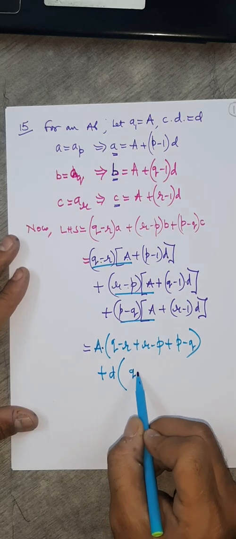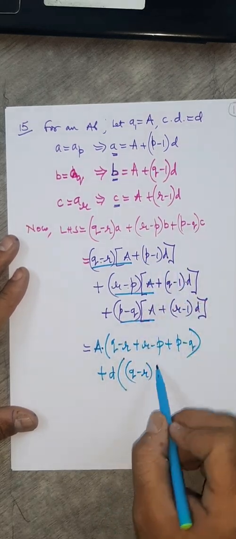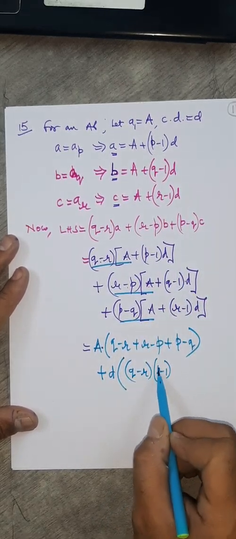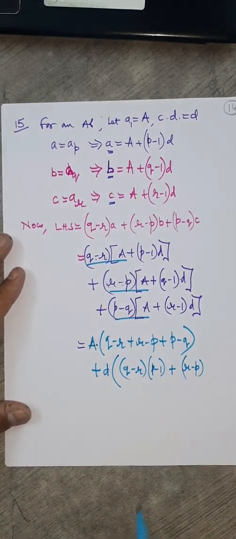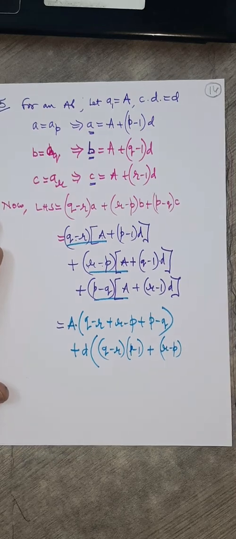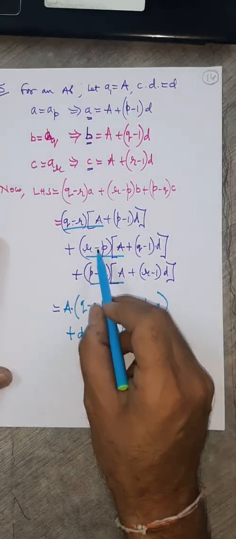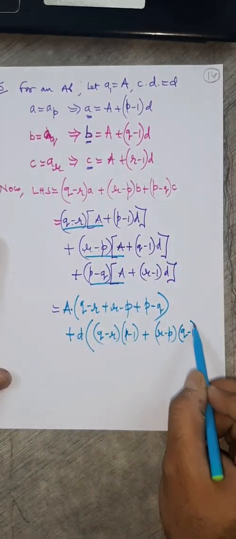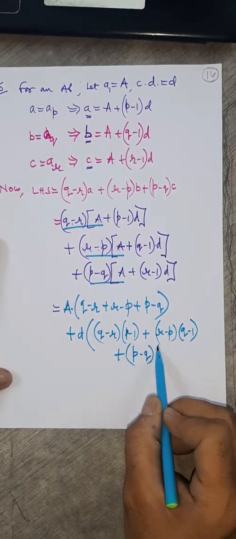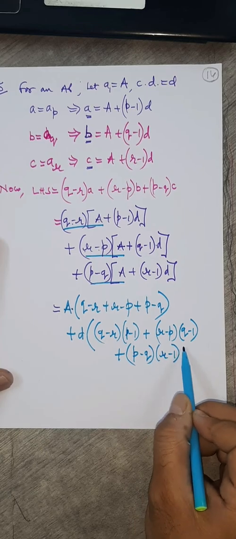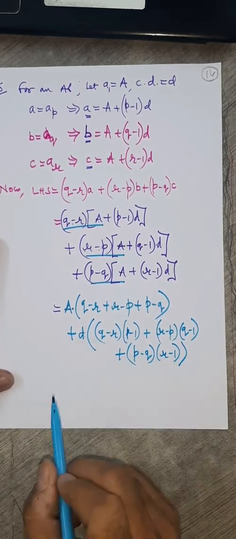What will we get here? q minus r into p minus 1 plus here r minus p into q minus 1 plus p minus q into r minus 1, that d are taken outside.